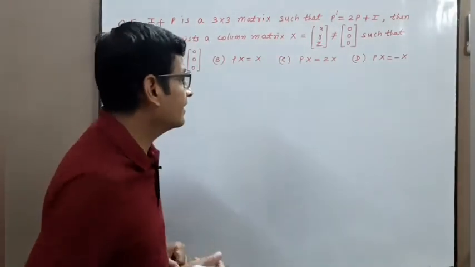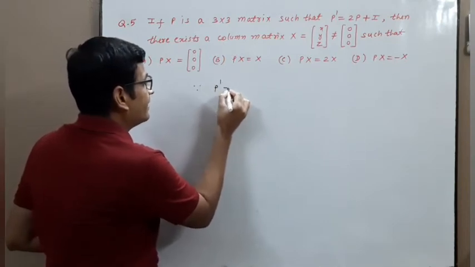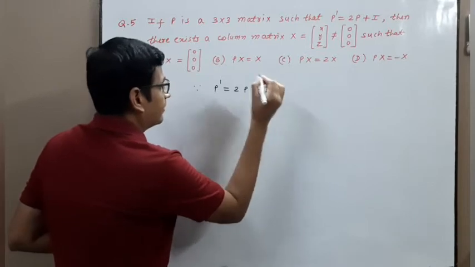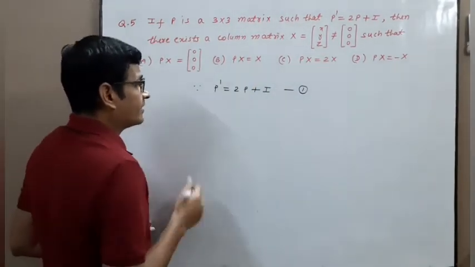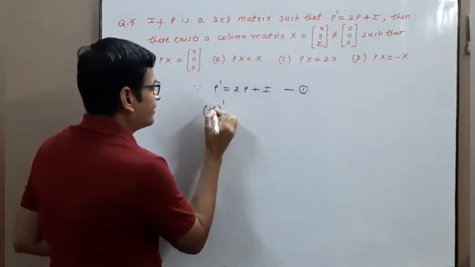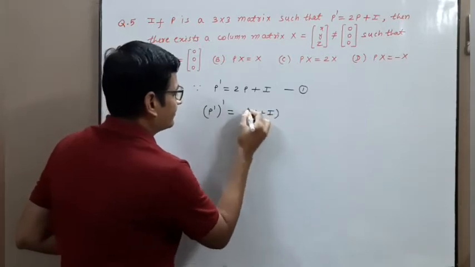That equation. So लिखेंगे अब सबसे पहले, since P dash equal to 2P plus I, give equation number 1. अब taking transpose on both the sides, so transpose of P transpose equal to 2P plus I transpose.